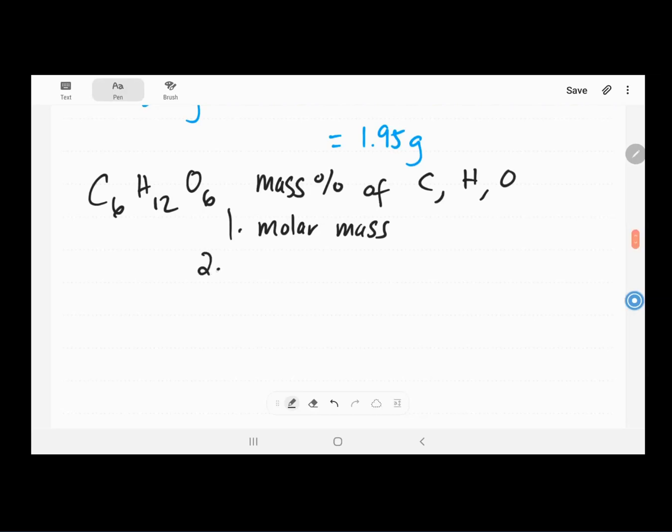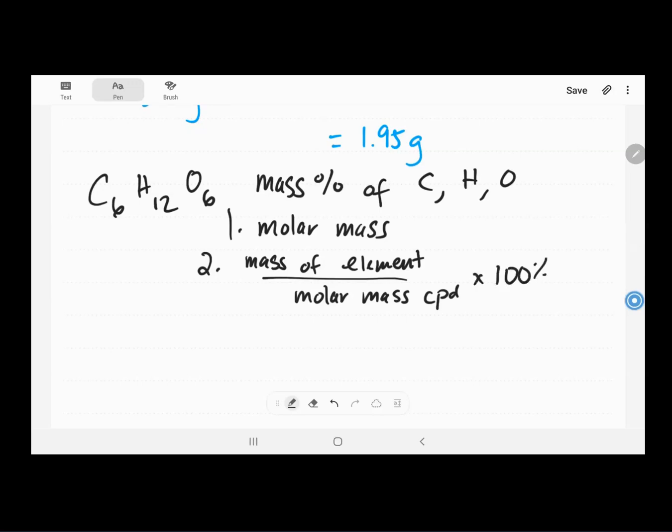Second thing, we're going to take the mass of the element over the molar mass of the compound, and since it's a percent, we'll times it by 100, just so it's a nice, easy number.